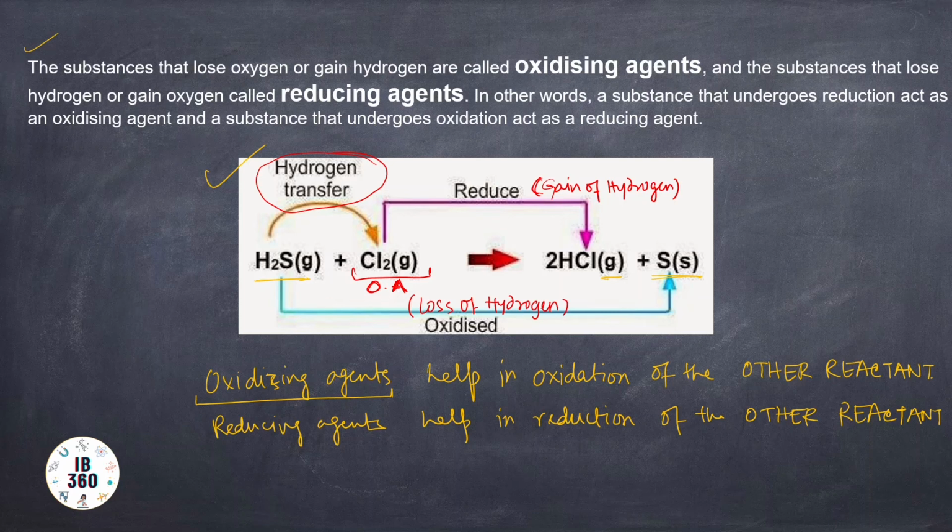Since it is helping in oxidation of the other reactant, it is the oxidizing agent. Similarly, hydrogen sulfide is helping in reducing chlorine to HCl, so it is acting as a reducing agent, RA. It is itself getting oxidized but helping in reduction of the other reactant. This is the idea of oxidation and reduction. Thanks.